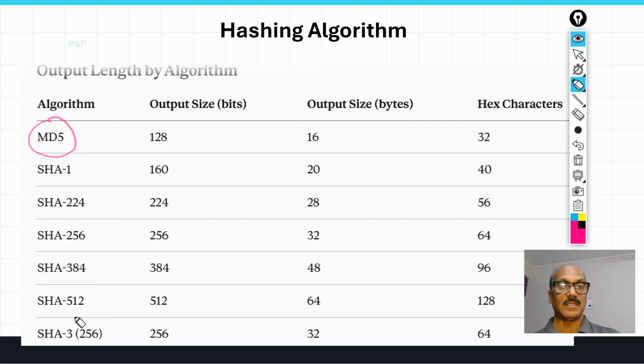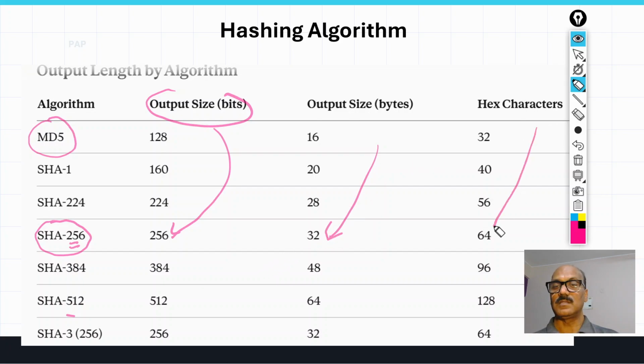What we are discussing is SHA-256, secure hashing algorithm, 256 bits. Output will be 256 bits. You can see here. Or in terms of bytes, in terms of hexadecimals, 64 characters, 32 bytes, 256 bits, one and the same.